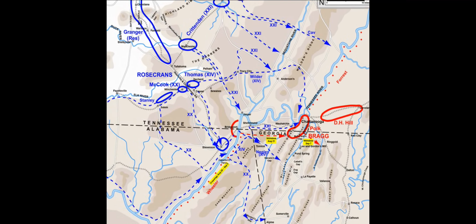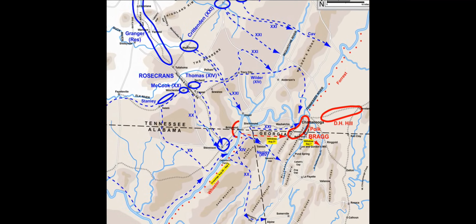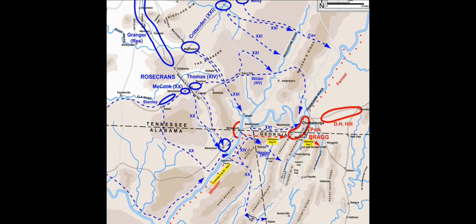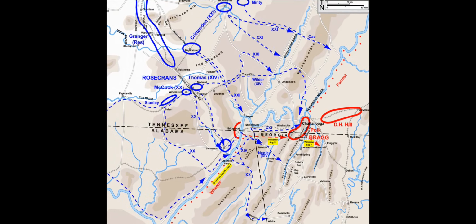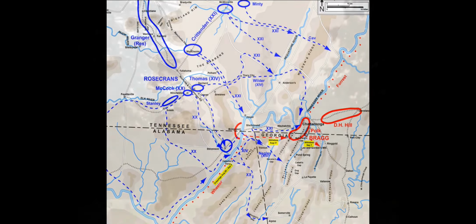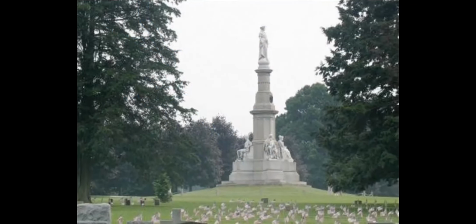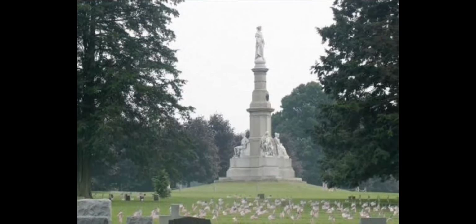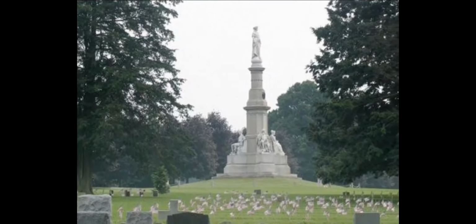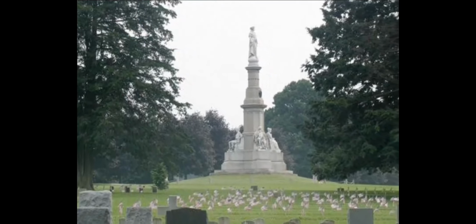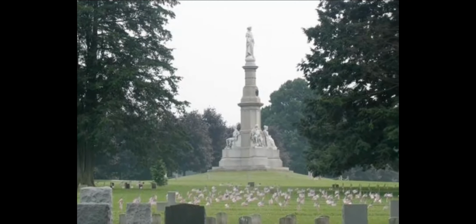Now, in the autumn of 1863, Lincoln also went to a cemetery at Gettysburg to commemorate the men who had fallen in the Battle of Gettysburg in July of 1863.